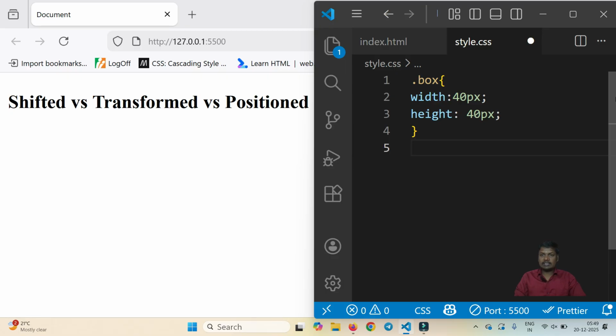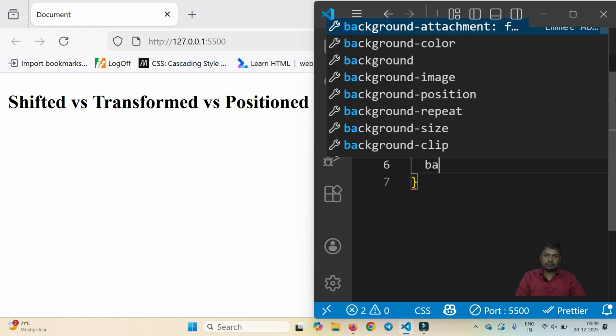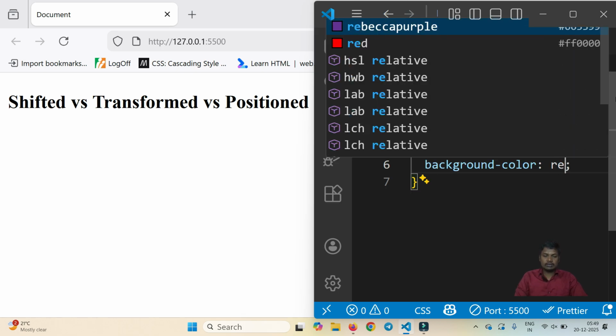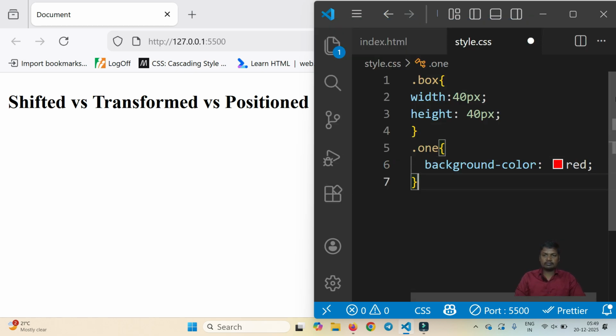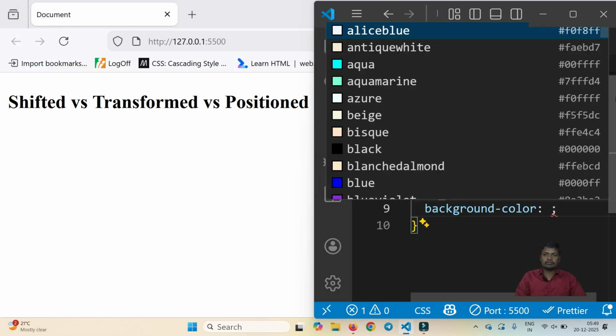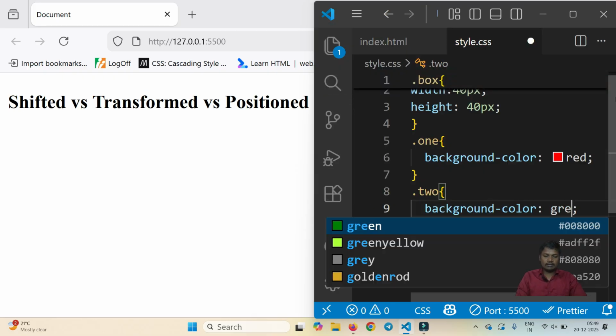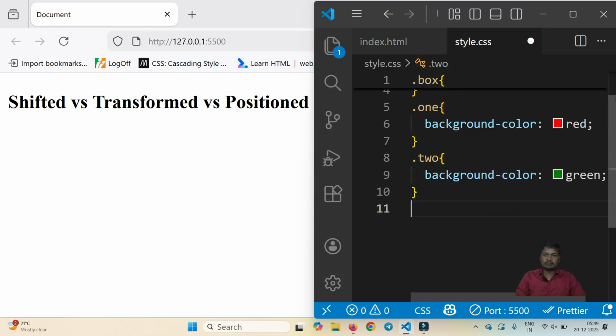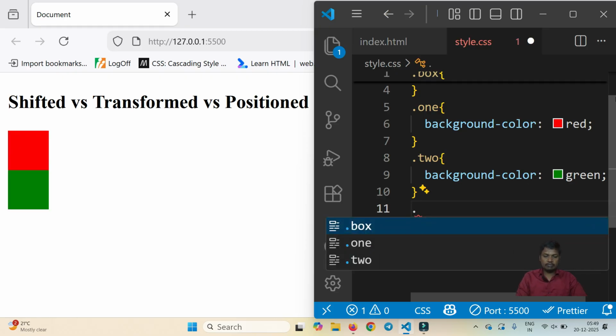Width is the x-axis, height is the y-axis. Box one, box two. Two boxes have appeared.